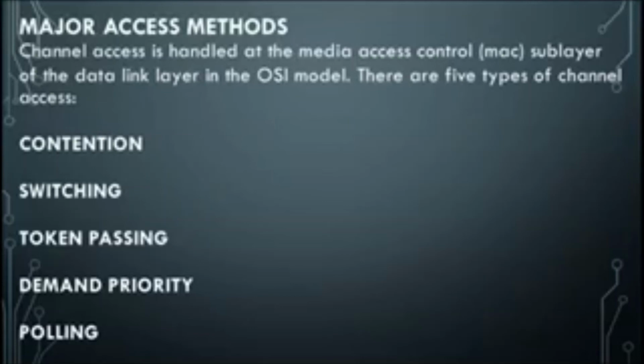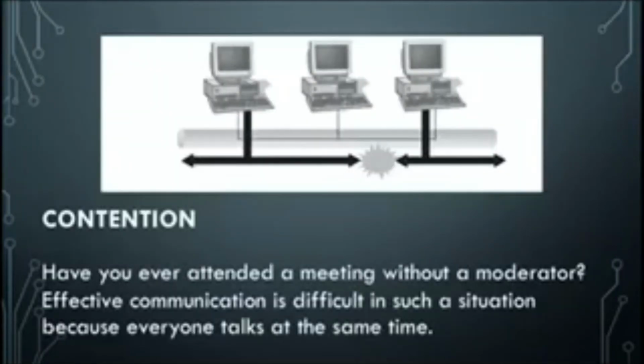These are contention, switching, token passing, demand priority, and polling. Let's define contention. Have you ever attended a meeting without a moderator? Effective communication is difficult in such a situation because everyone talks at the same time.